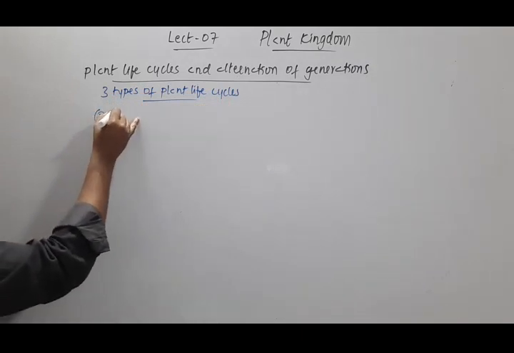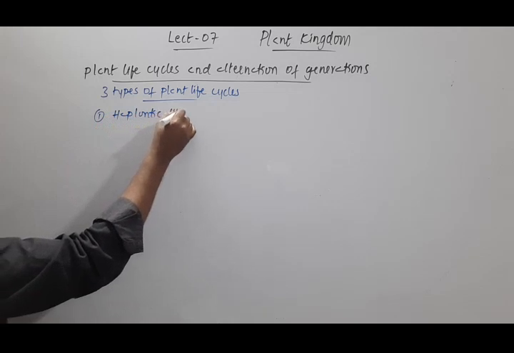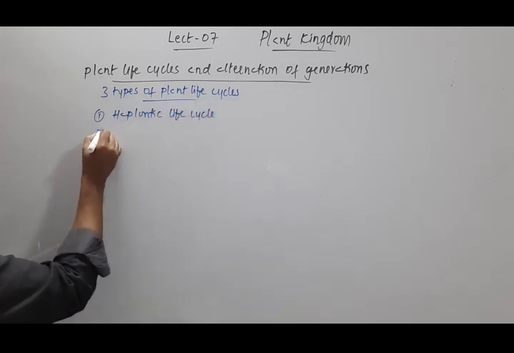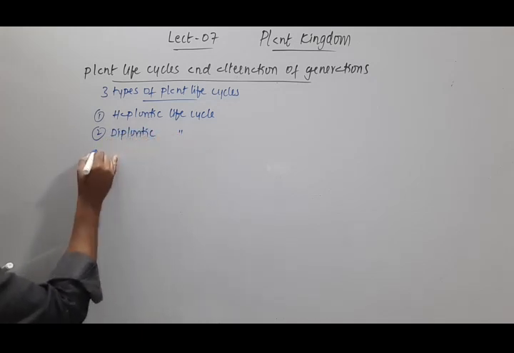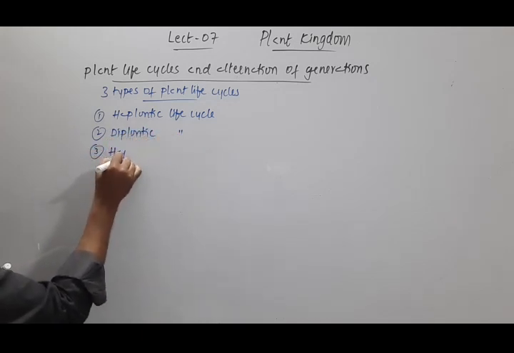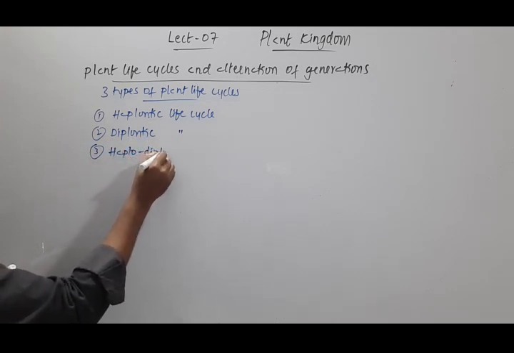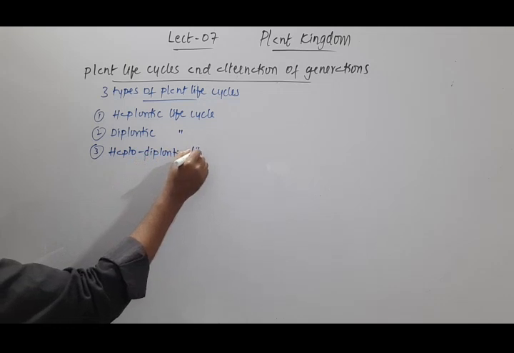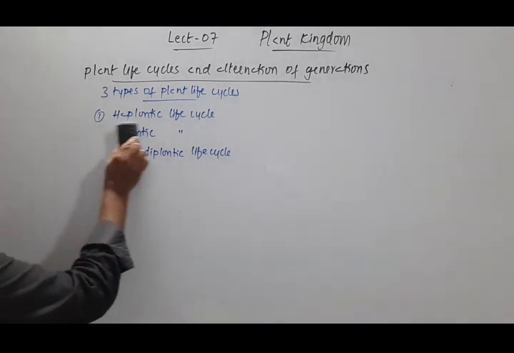So one is haplontic life cycle, then second one is diplontic life cycle, and third one is haplo-diplontic life cycle. So I'm going to discuss these three types of life cycles. Let's see the first one, haplontic life cycle.